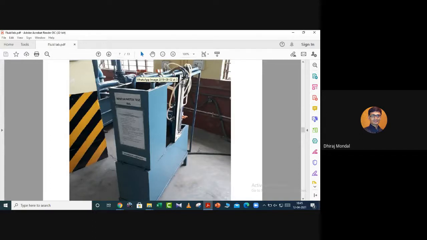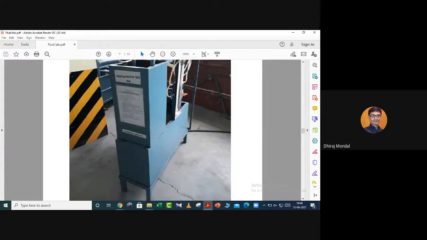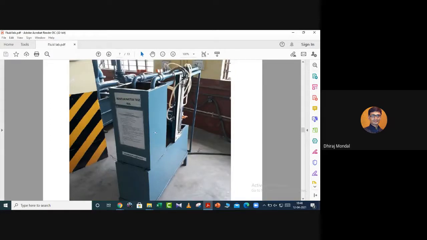So with the help of this we can calculate the coefficient of discharge, that is, the actual discharge by the theoretical discharge. The same phenomenon applies to the centrifugal pump. This is your manometer, this is the pipe, and here it is the tank. With the help of the theory part we get the theoretical discharge, and practically from this apparatus we can find out the actual discharge. Ultimately, we need to calculate the CD, coefficient of discharge.